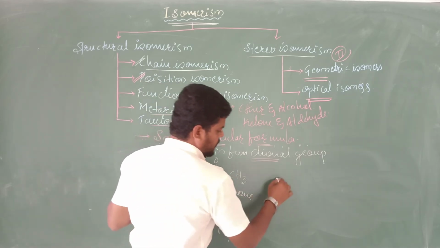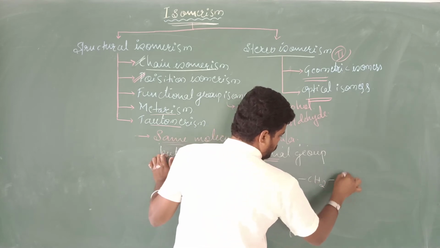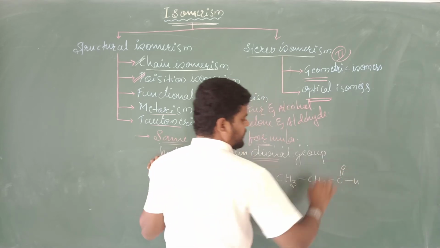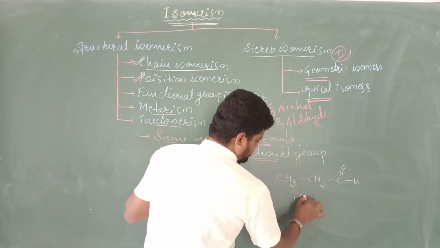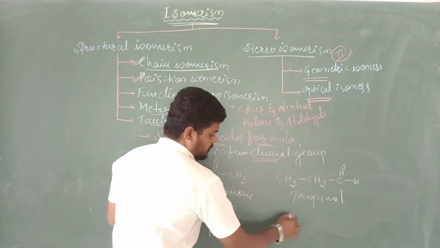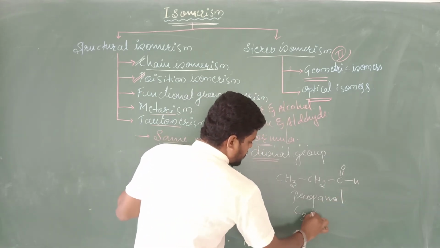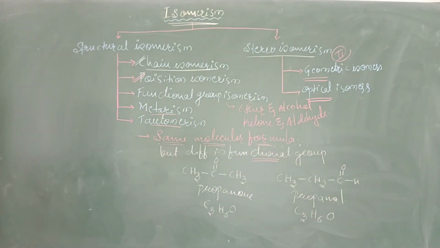If you write the aldehyde CH3 CH2 C=O H, it is an aldehyde. The name of the compound will be propanal. Again, 3 carbon atoms, 6 hydrogen atoms, and 1 oxygen. Both have the same molecular formula but differ in the functional group, so they are called functional isomers.